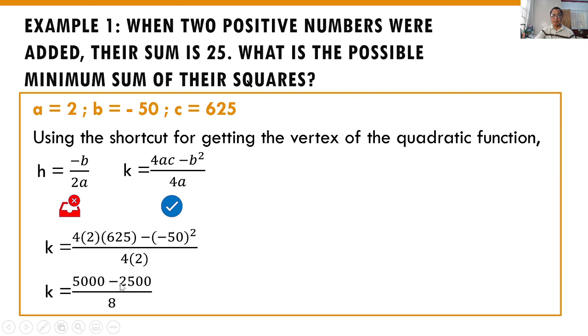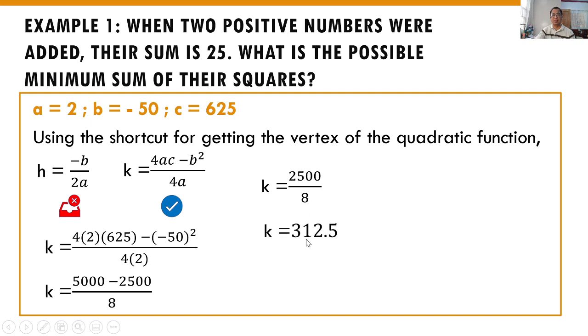So, minus positive 2,500, ayan. 5,000 minus 2,500. All over 4 times 2 is 8. Pag sinubtract natin yung numerator, we will come up with 2,500 divided by 8.